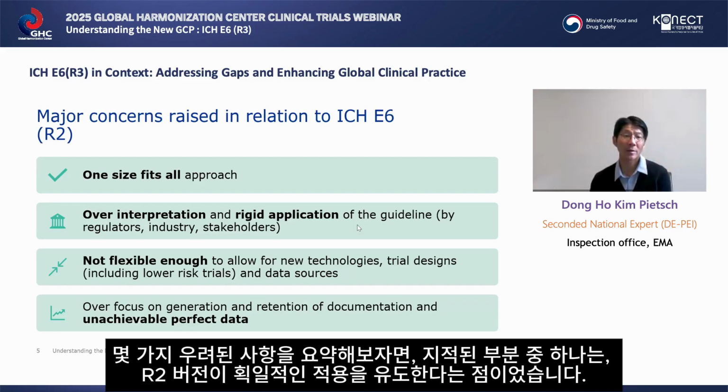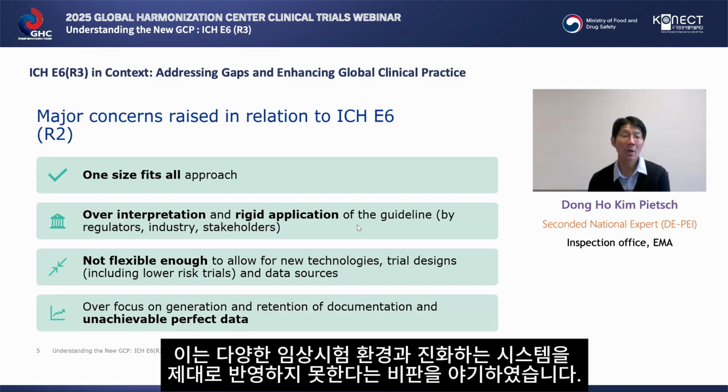Here I'm trying to summarize some of the major concerns raised. One criticism was that R2 encouraged, or was interpreted as, a one-size-fits-all approach, which didn't do justice to the evolving and diverse clinical trial ecosystem.